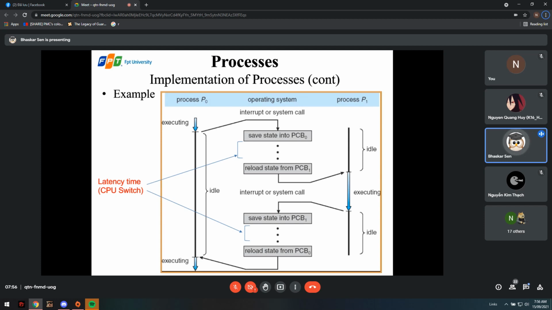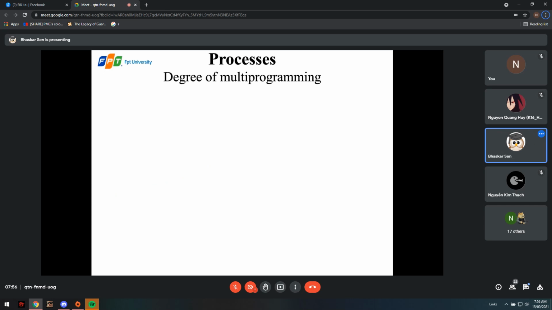The next thing that we are going to talk about is an interesting feature inside process, which we call the degree of multi-programming. Okay, the degree of multi-programming is directly related to one of the most important concepts in operating system management.